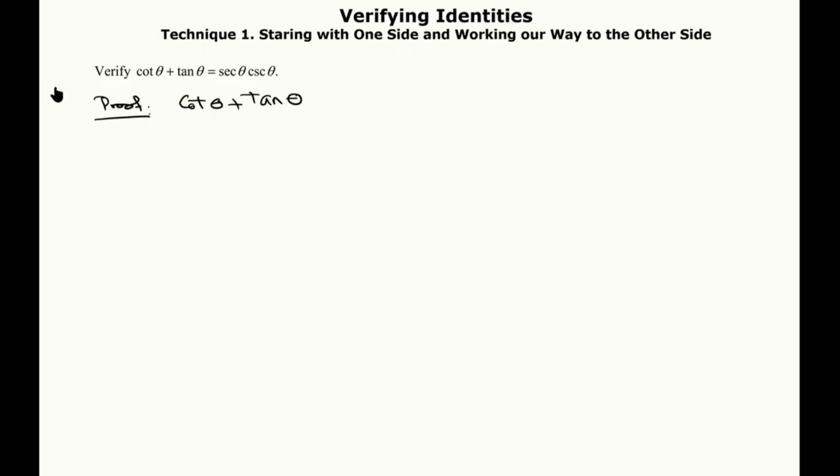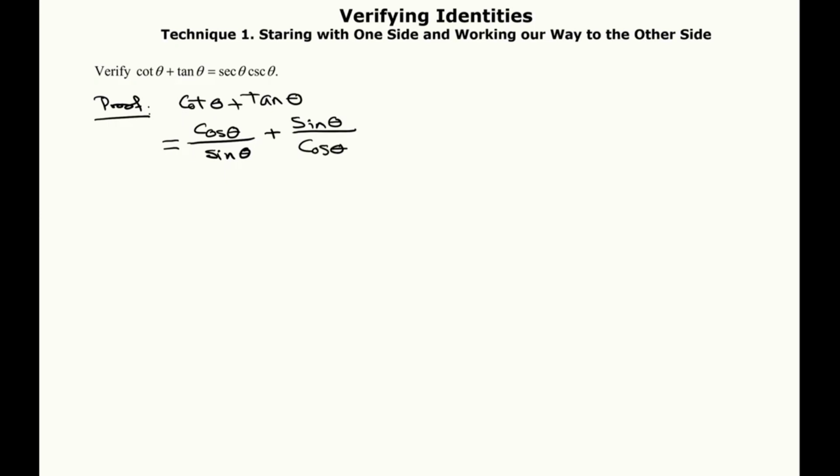Okay, so now we realize that we can write cotangent of theta as cosine theta over sine theta, and we can write tangent of theta as sine theta over cosine theta.